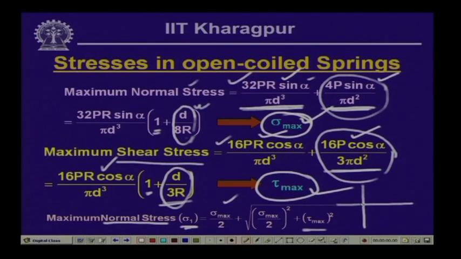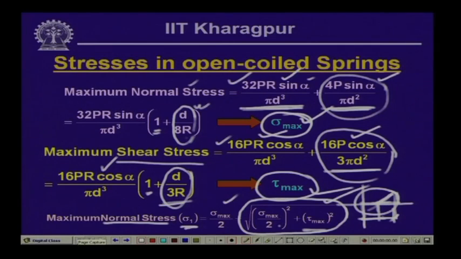In the Mohr's circle we plot the sigma and tau, because sigma y here is 0, and then if we join them together, we get this as sigma by 2 and this as the radius, which is the root of sigma by 2 square plus tau square, and this will give us the value of sigma 1. This particular part is the maximum shear stress. So, the total is the maximum normal stress and this under-root part is the maximum shear stress that will be generated in the spring wire.